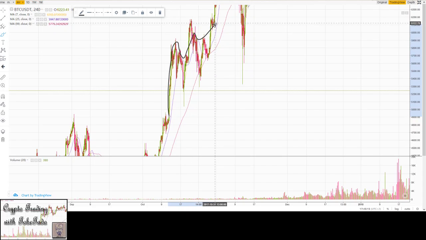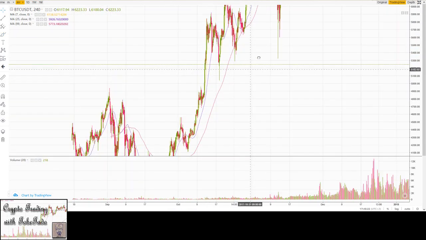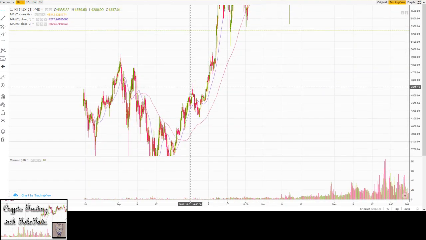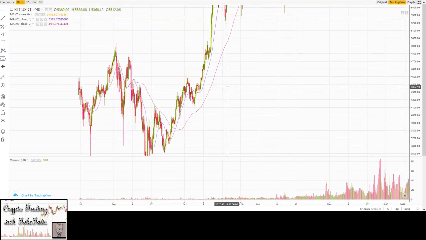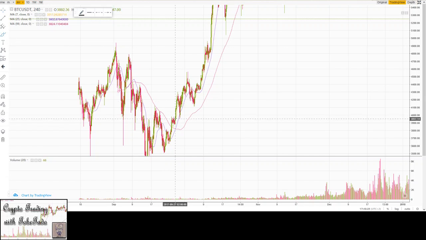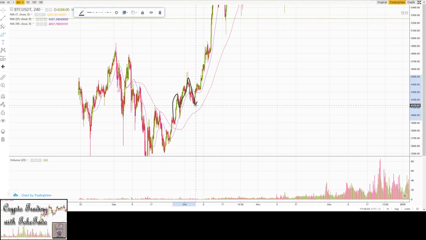We had these very strong corrections going back down here, as you can see. And you can also point this out in other movements here, for example. We had an upward movement and then a fairly strong correction back down here again.